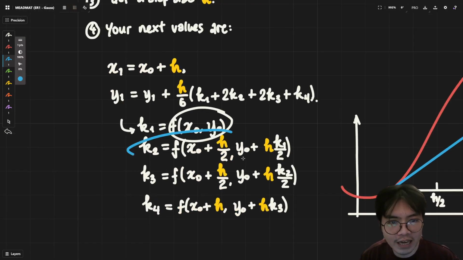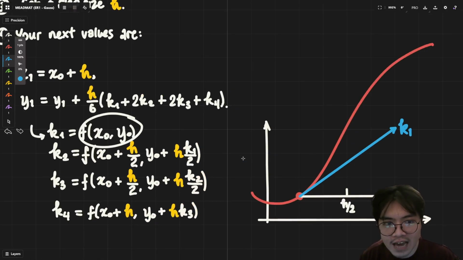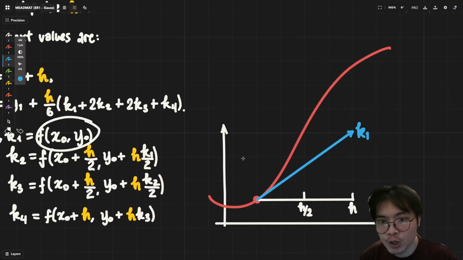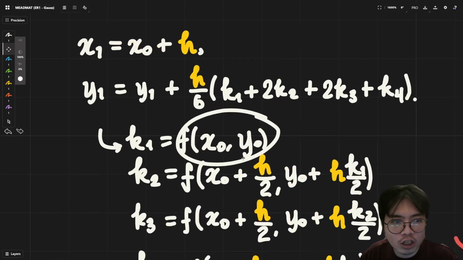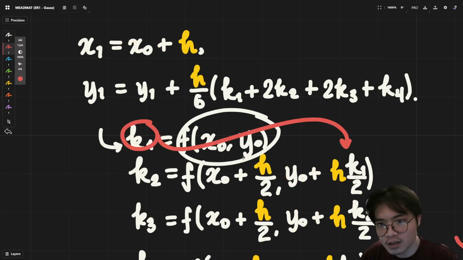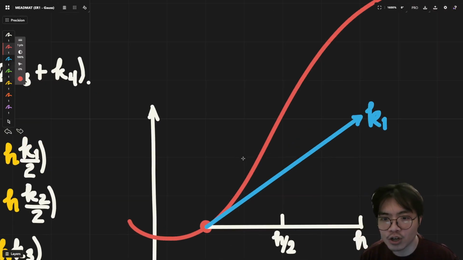Now your k2 is where you're going to advance by half a step. Note that this is not a full step, just half a step. And now what will happen is that you will use the information in k1 to feed into k2. So it's asking, where are you currently in here? You are looking at this point right here, so let's color that with blue.